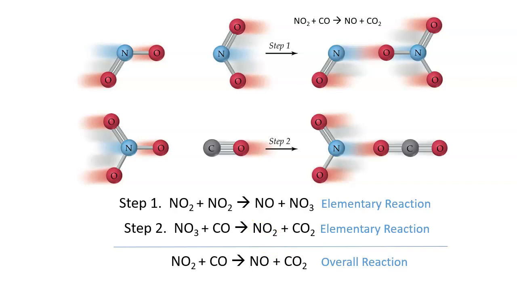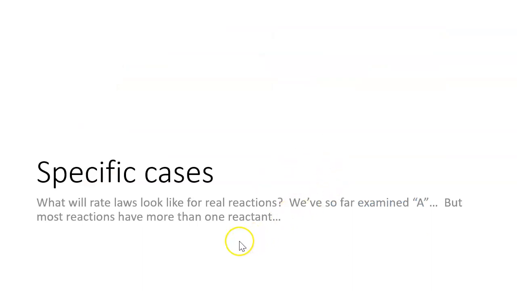It may need to collide with two other of itself in order to go through a transition state, go through its process and achieve its final state. Okay, so I'm just going to end that video there, because that is a bookend for reaction mechanisms.